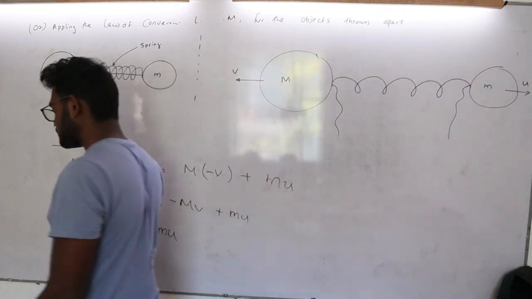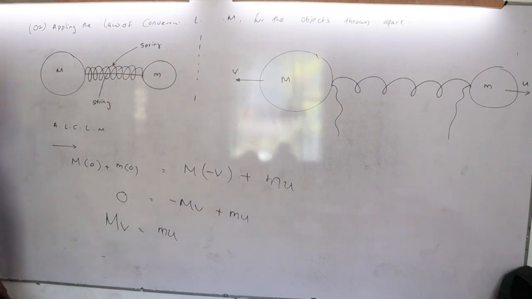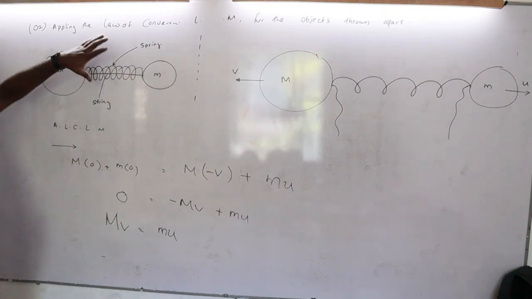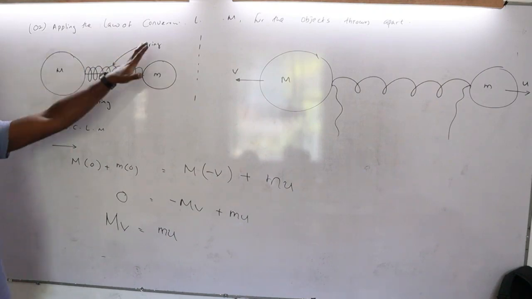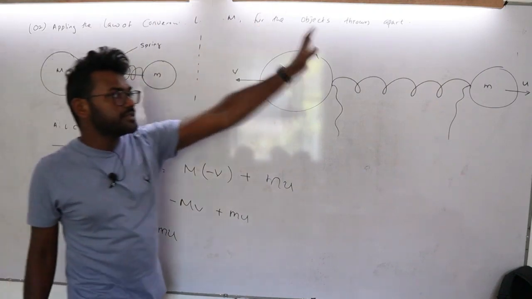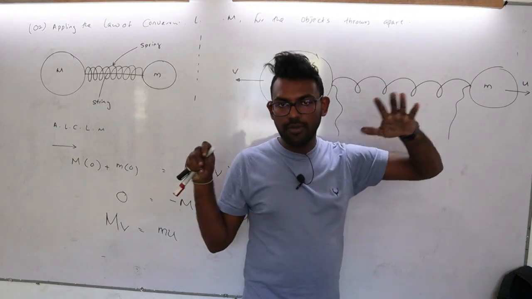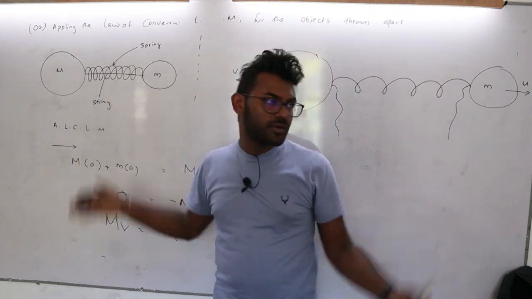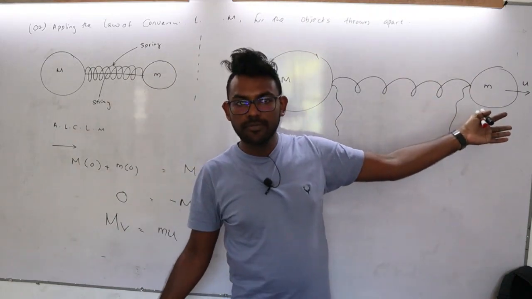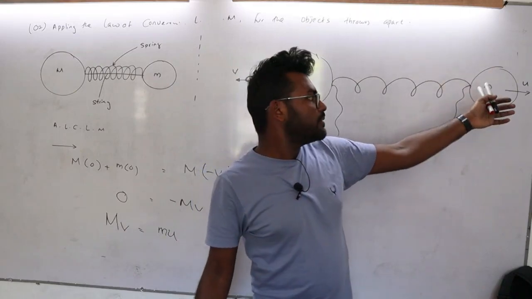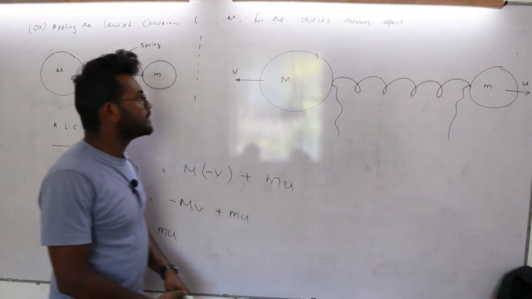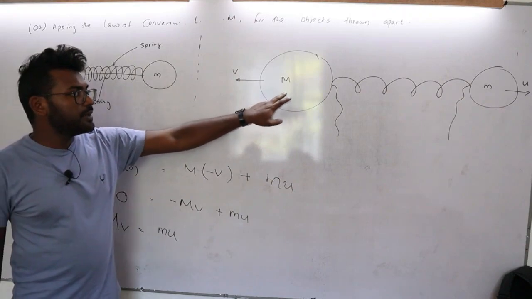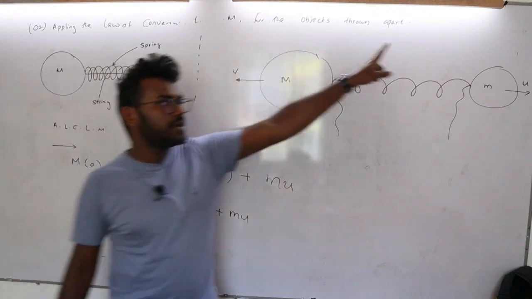Right. So what's gonna happen here? We could see that initially there's no momentum. So in the final system also we shouldn't have any momentum. That means if the initial momentum is 0, the final momentum has to be also 0. To make the final momentum 0, whatever a certain momentum gets, this one should cancel off by the other one.